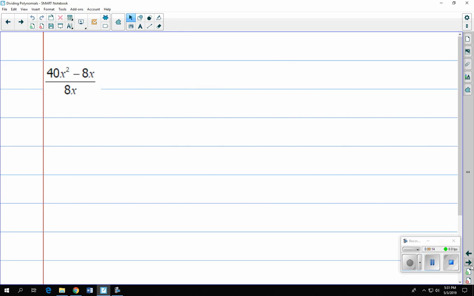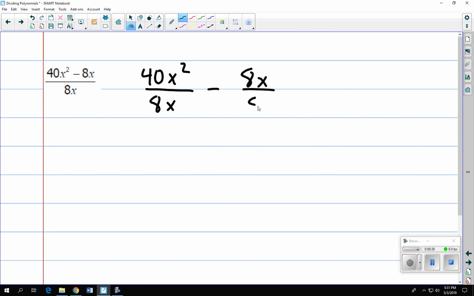When I start off with dividing by a monomial, I want to split these two terms up, where I'm going to say 40x squared divided by 8x minus 8x divided by 8x. When we divide by a monomial, I see that I have 40 divided by 8.